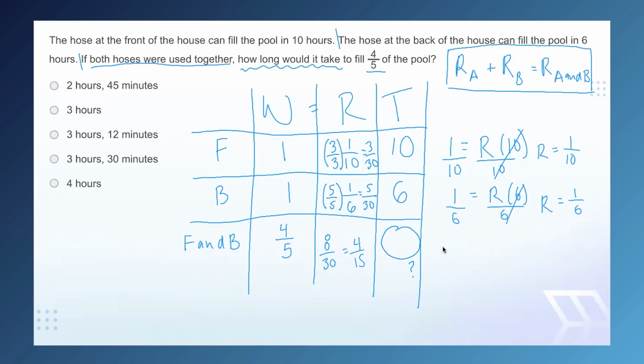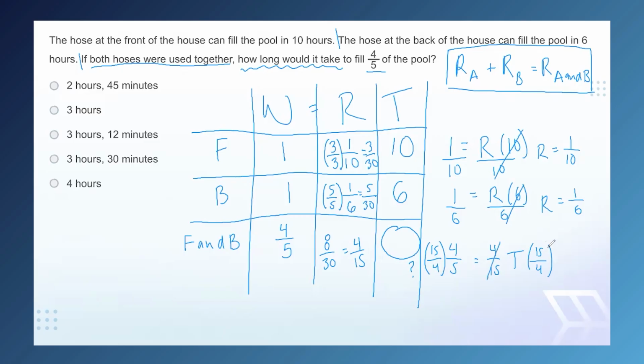Okay, now that we know our combined rate for hoses F and B is 4/15, we have 2 cells in our final row, meaning we can solve for the third. Pulling this out of the matrix so we can manipulate, our work is 4/5. It equals the rate, 4/15, times our time, which we do not know. All right, manipulating, we are going to multiply by the reciprocal of 4/15 in order to divide by 4/15.